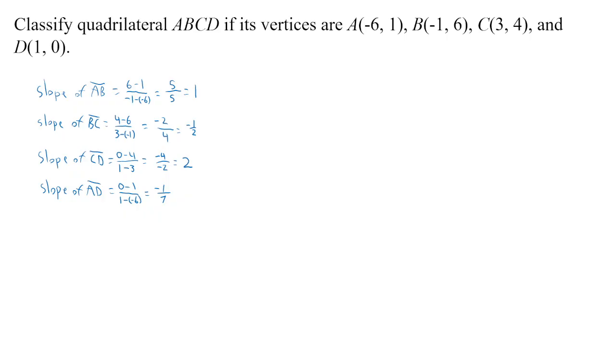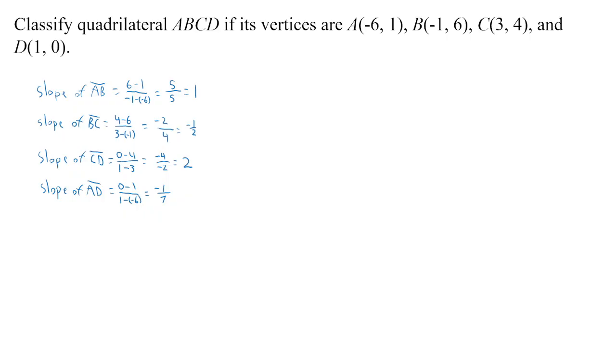Therefore, segment AB and segment CD are not parallel. The slope of segment BC and the slope of segment AD are not equal. Therefore, they're not parallel. So we don't have a parallelogram. And since neither pair of opposite sides are parallel, we don't have a trapezoid either.